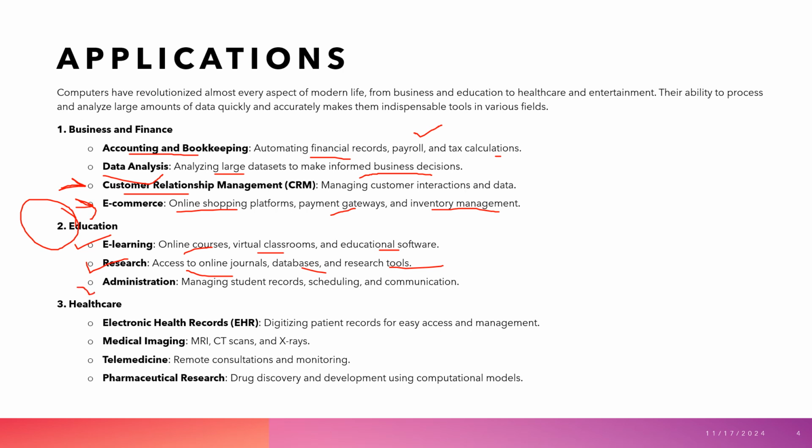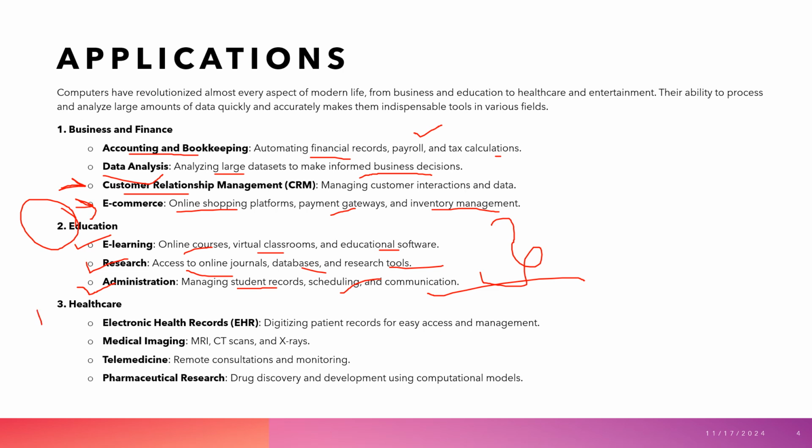The third is administration, which means maintaining student records, communicating important information or scheduling. Scheduling could be scheduling their examinations and one-to-one sessions with their teachers. So education is the second important domain.